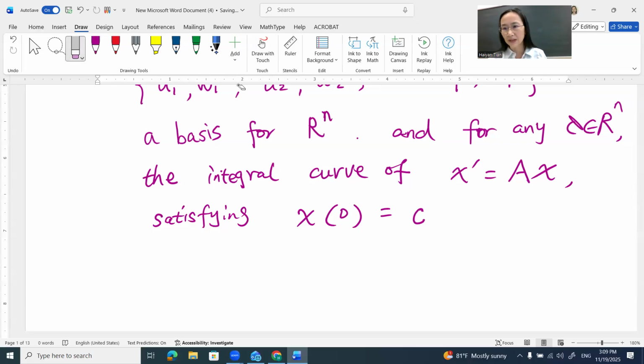So whatever c is given, if our integral curve passes through c, if x at t equals 0 has the value c, then this integral curve, that means the initial value problem, has a solution that can be represented by a certain function.